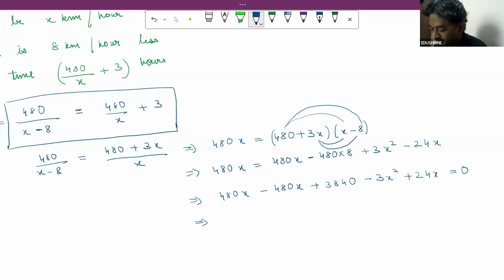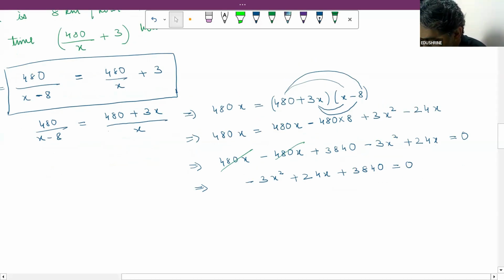Now, if I write in the proper form, minus 3x square, you can easily see this 480x and 480x get cancelled out. So minus 3x square plus 24x plus 3840 equal to 0. Can I take 3 common, guys? The answer is yes, I can take 3 common.